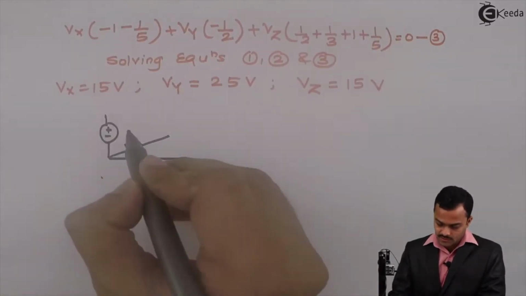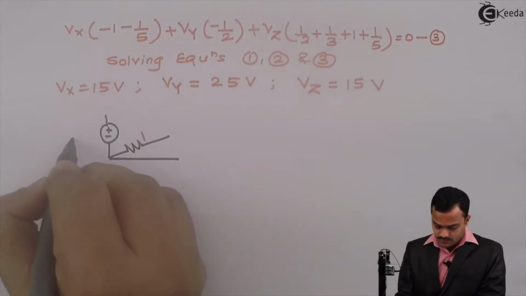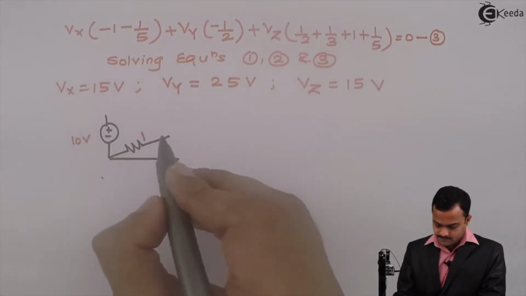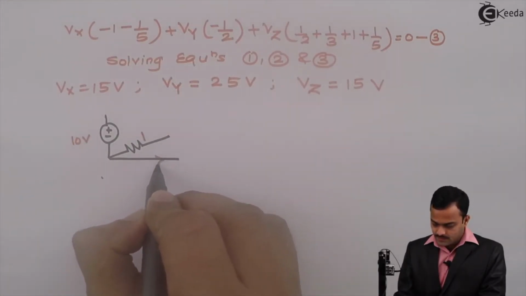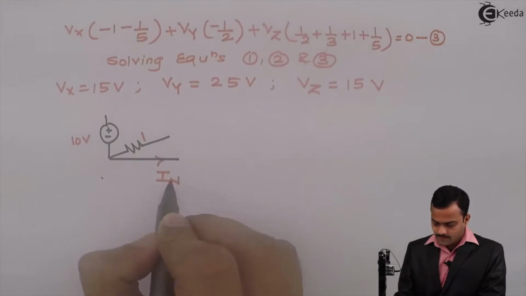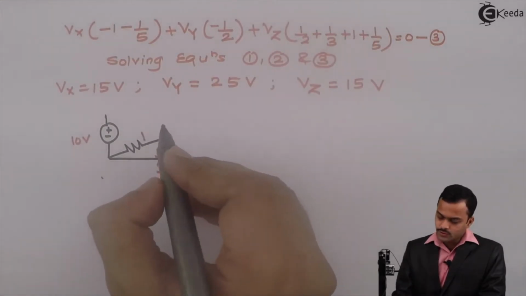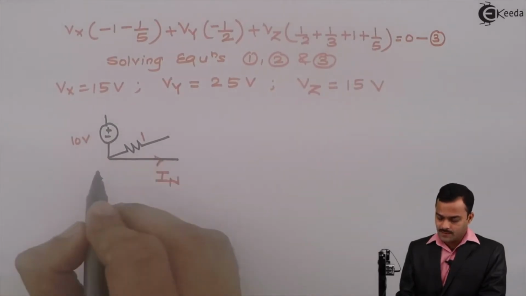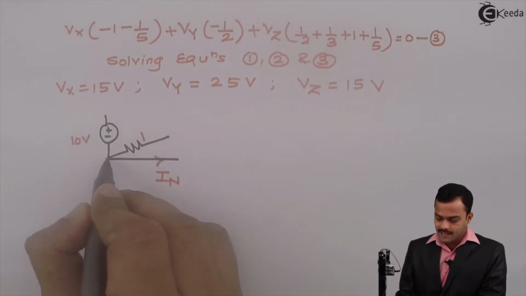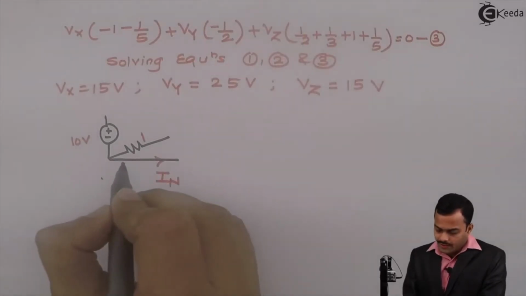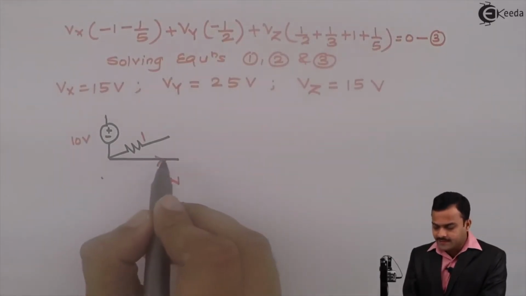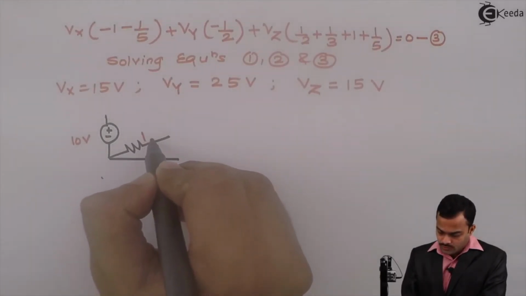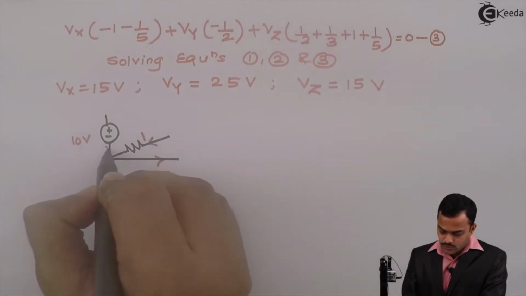So this resistance is of 1 ohm, voltage source of 10 volt, and this current is IN. So what I need to know? I need to know currents flowing through these two branches if I want to apply KCL at this node. So in order to get IN, this current, I should know currents flowing through these two elements.